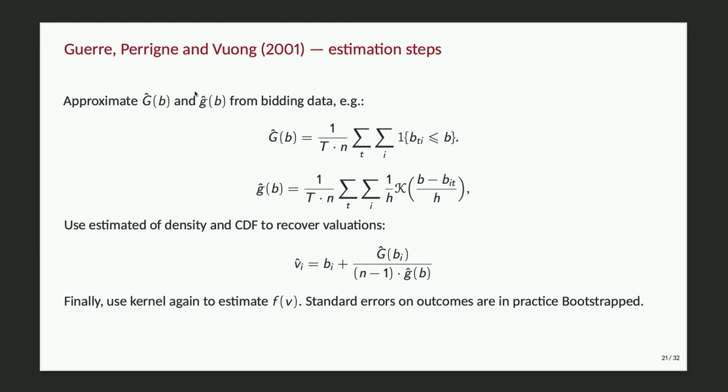Standard errors are typically, in practice, computed via bootstrap, or for functions of interest such as the reserve price or counterfactual objects that you get out of these estimates. Any questions?